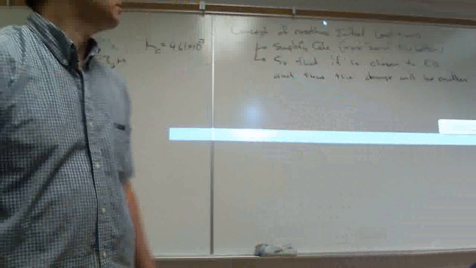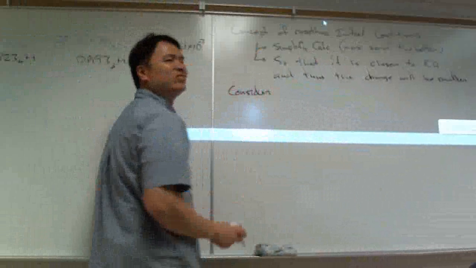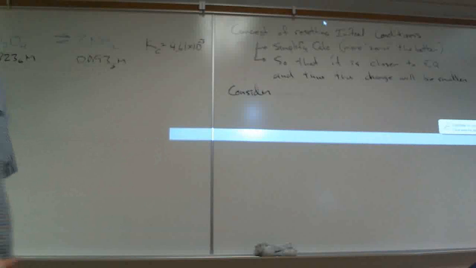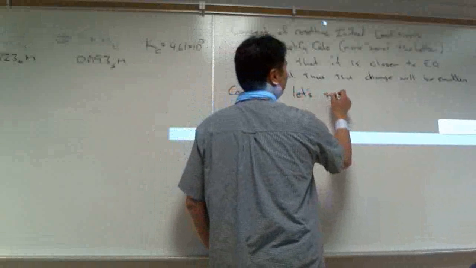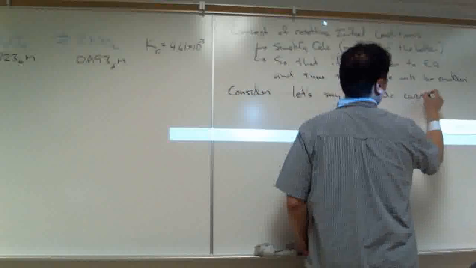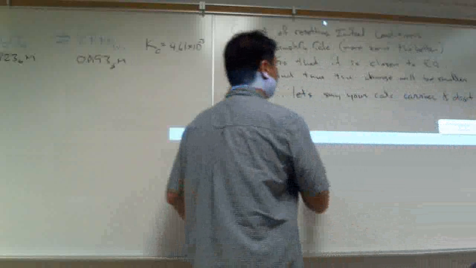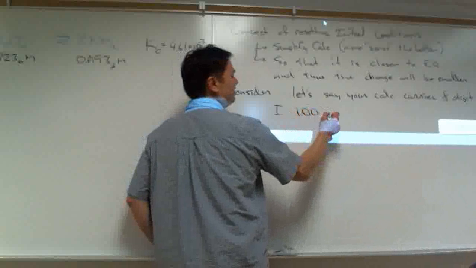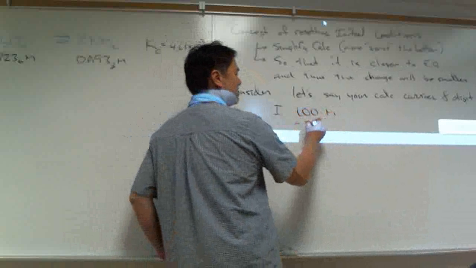Now consider this. This happens sometimes. Let's say your calculator carries 8 digits. Let's say your initial was 1.00 molar, and then we had a minus x, right?